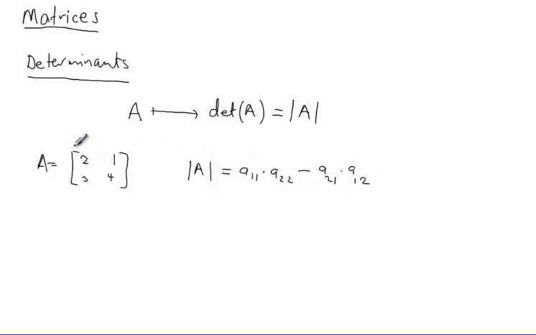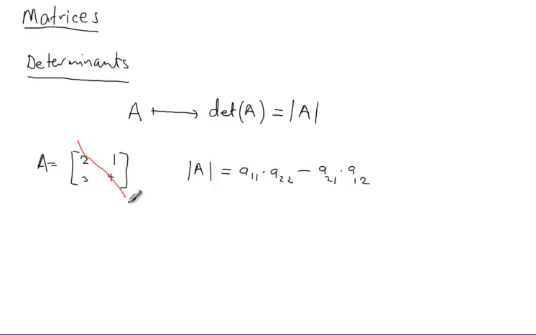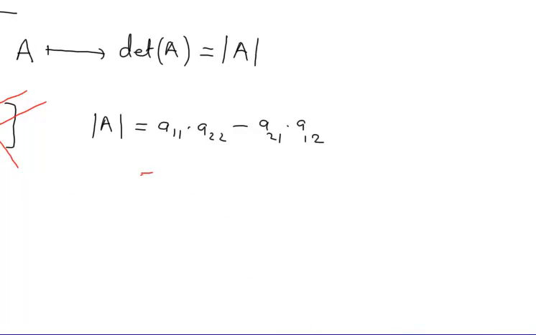I'm saying we take the product of the principal diagonal entries, minus the product on the secondary diagonal. So in this case, this is equal to 2 by 4 minus 3 by 1, which is simply 8 minus 3, and then our determinant is 5.